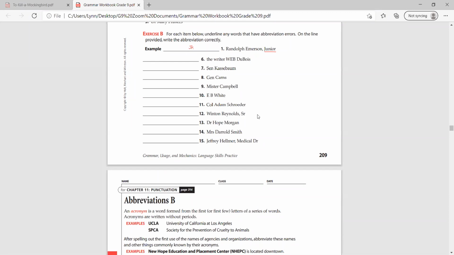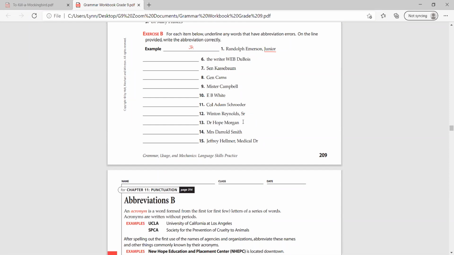All right, number 12. We'll put a period after SR, sir. Wait, what does SR stand for? Senior. Yes. So you're right, you do put a period after senior, and it stands for senior, not sir, okay?